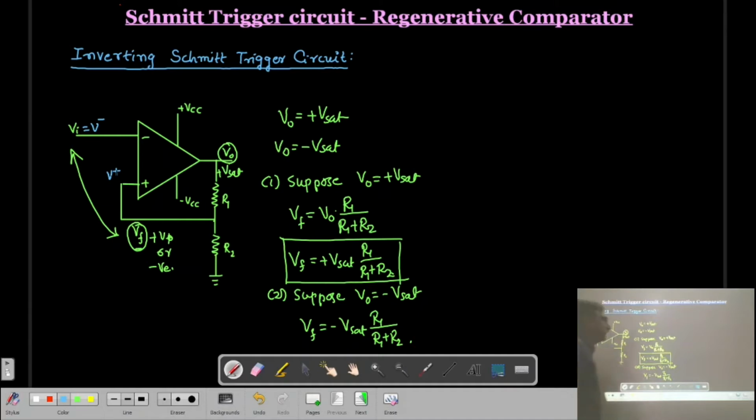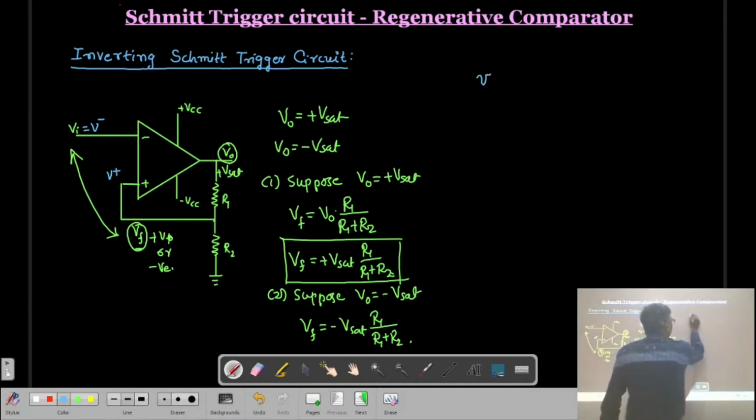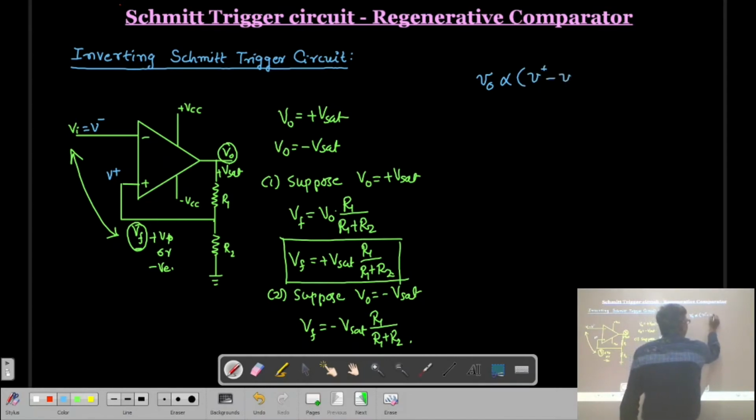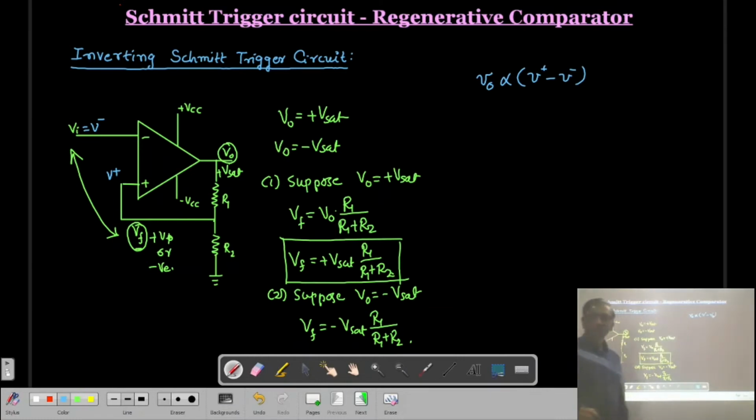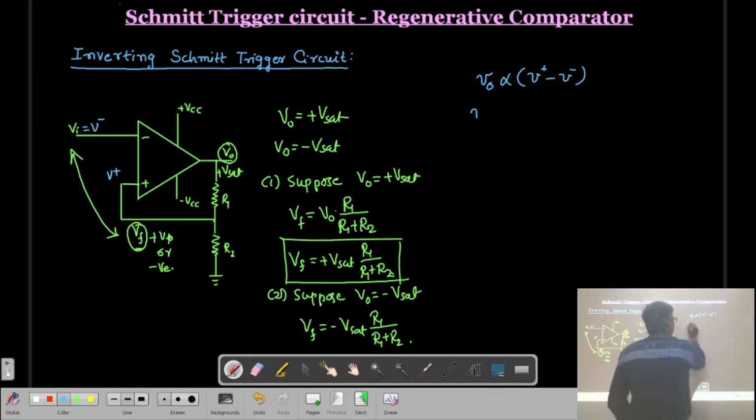In an operational amplifier, we know that the output voltage is proportional to the difference of these two voltages, V plus and V minus, because it is basically a differential amplifier. It amplifies the difference between the voltages of these two terminals. The output voltage is AOL into (V plus minus V minus).